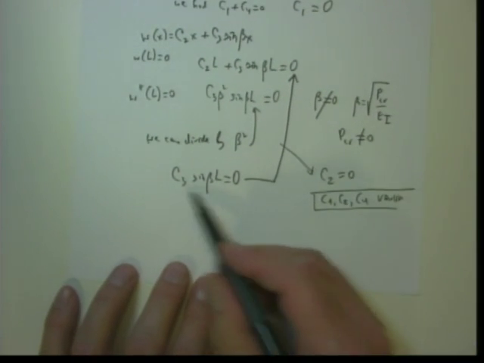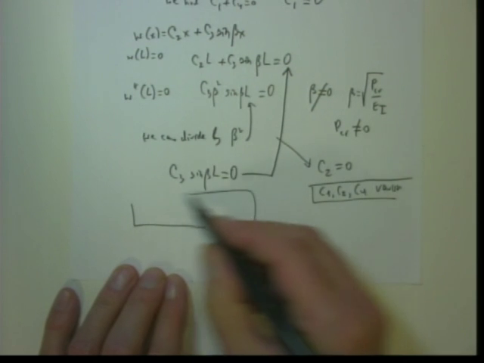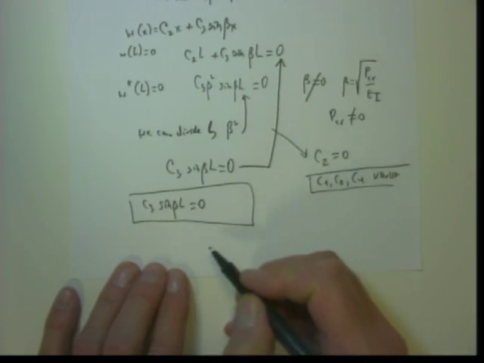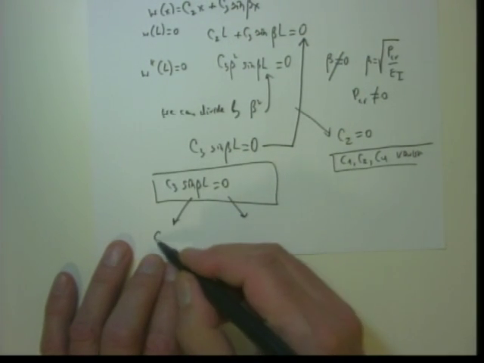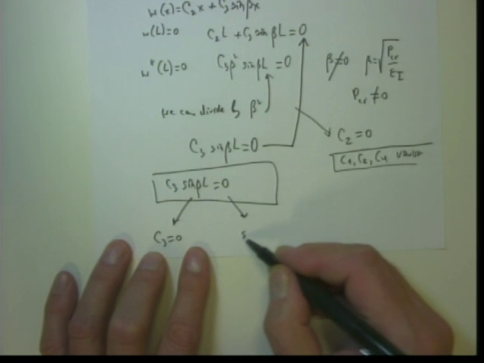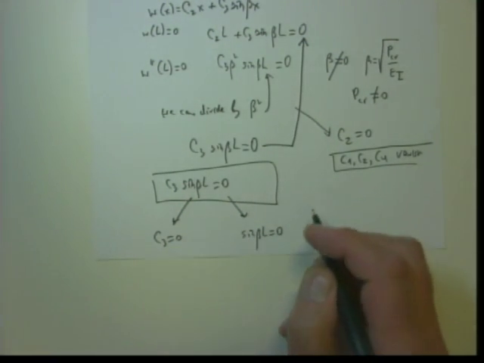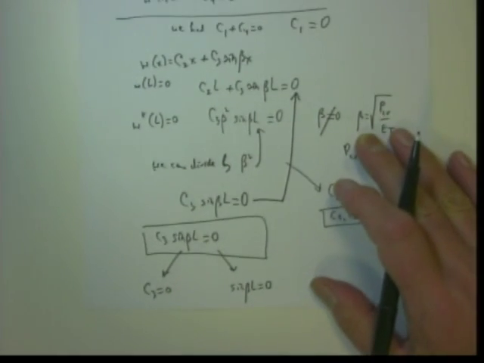Okay, so we are here. We have C3 sine beta L equals 0.